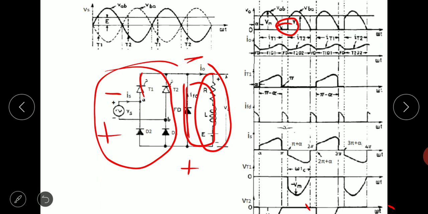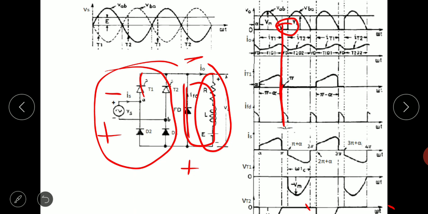At what instant is thyristor T1 being commutated? It gets commutated just at omega t equal to pi. In the previous case, it was conducting till pi plus alpha unless T2 was triggered. In this case, even before T2 is triggered, T1 gets commutated. So thyristor T1 has a relaxed time.